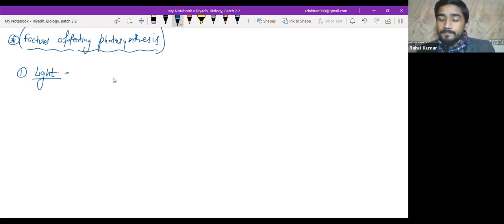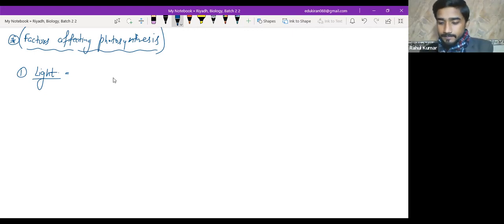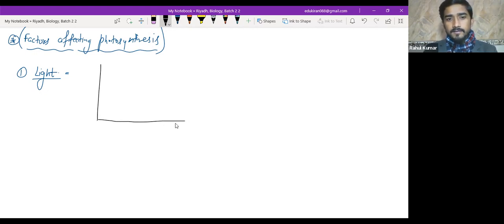Is it clear, Abhinav? Yes, sir. So write down light. And if I draw a graph, this is a very classical graph where on the x-axis we have light intensity, and on the y-axis we have rate of photosynthesis.